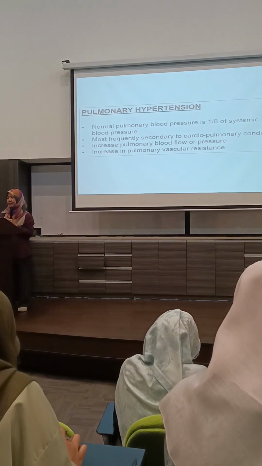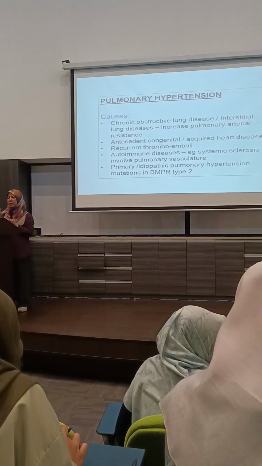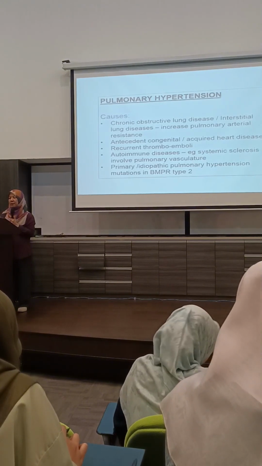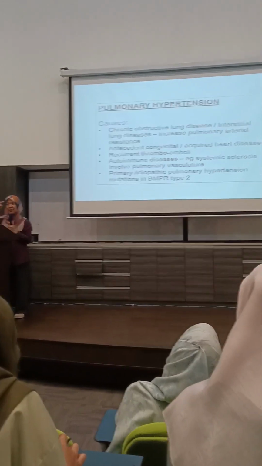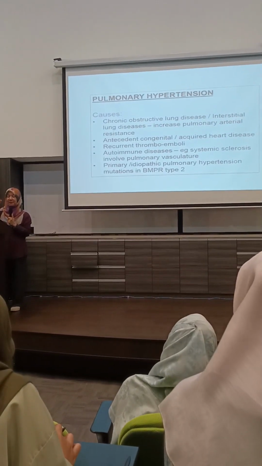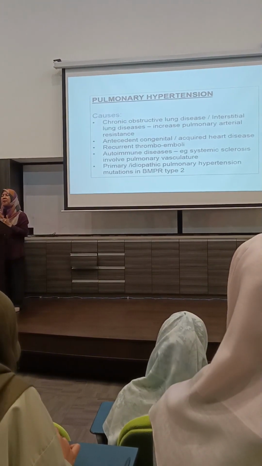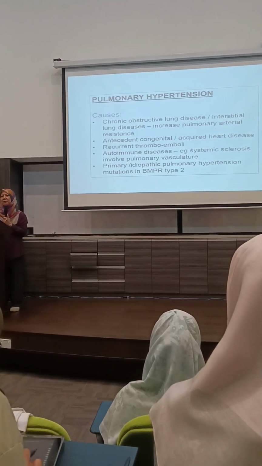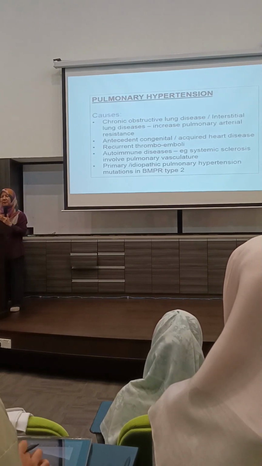Right? So these are the causes. You just need to think. You're here to think, right? Not to just swap, right? Think. So if you think, the lung, what are related to the lung?